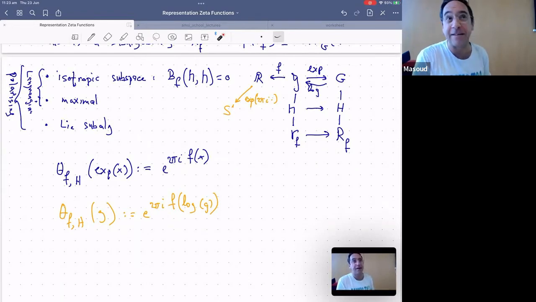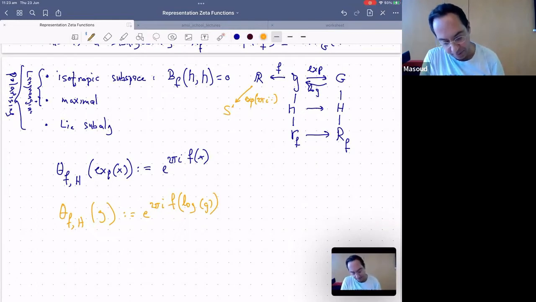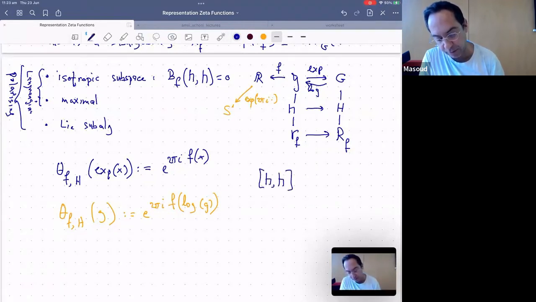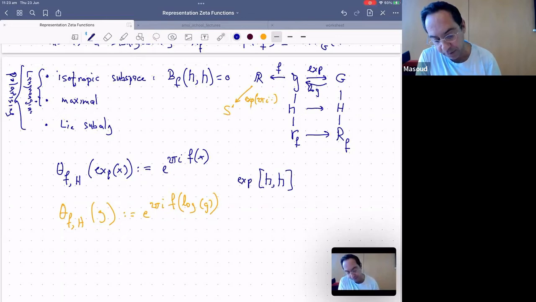Is it? Yes, it is, because you can show, and it's really easy, that if you take the Lie algebra commutator and you exponentiate it, you get the group commutator.